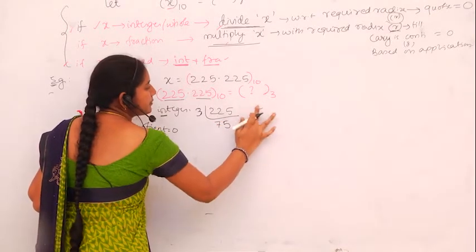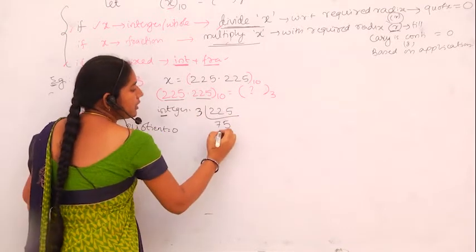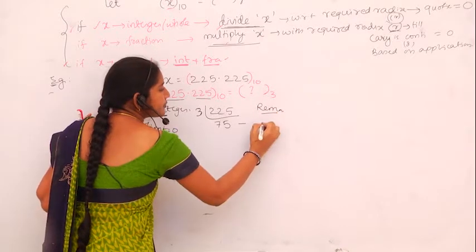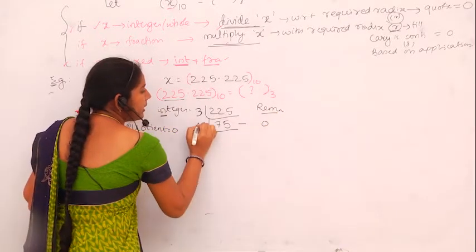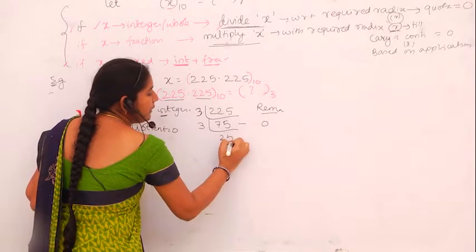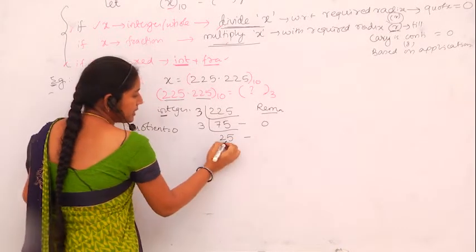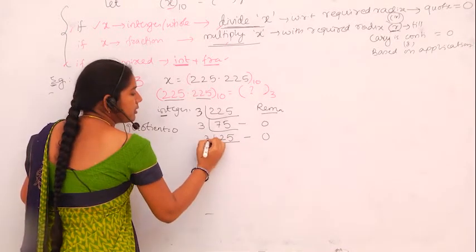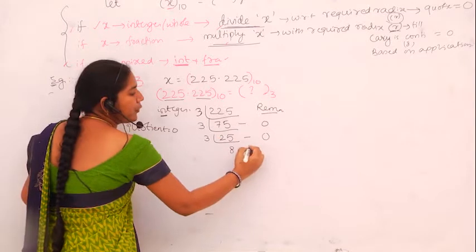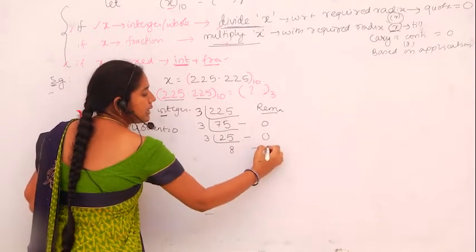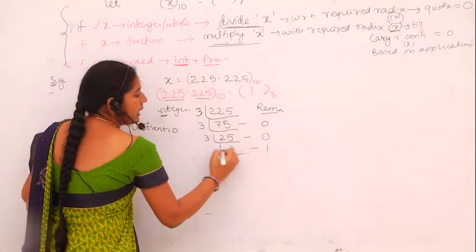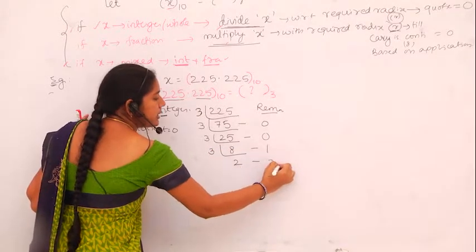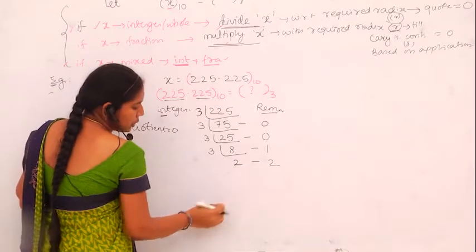So 3 75s are 225. So the quotient is 75 and the remainder value is 0. And 3 25s are 75. This is the quotient part, and again the remainder is 0. 3 8s are 24. So 8 is the quotient, consider the remainder is out. 3 2s are 6 and the remainder is out. So we need to make this quotient 0.